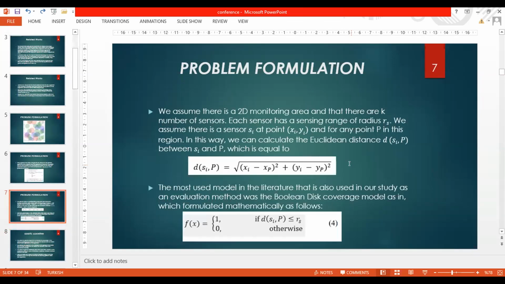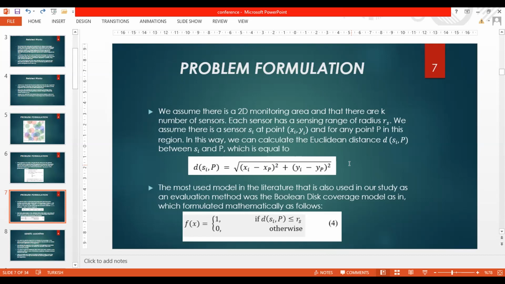We assume there is a two-dimensional monitoring area, and that there are K sensors. Each sensor has a sensing range of radius Rs. We assume there is a sensor Si at point Xi, Yi, and for any point P in this region, we can calculate the Euclidean distance D between sensor Si and point P, which is equal to this formula.